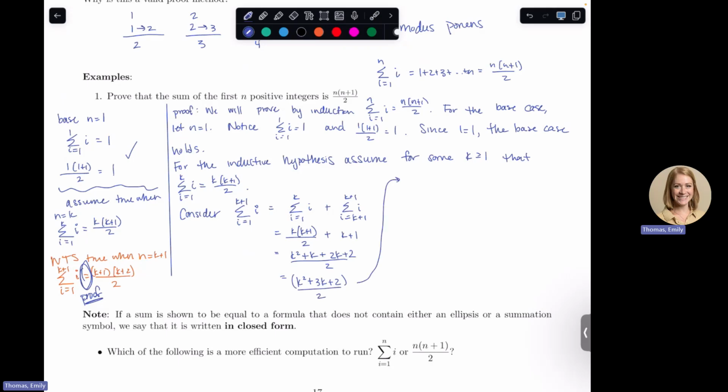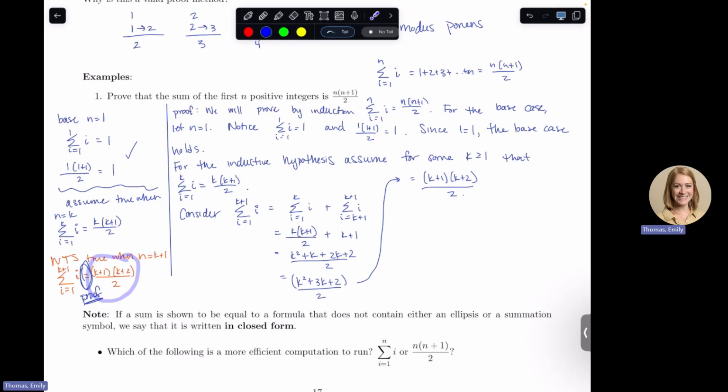I know that this is problematic and you shouldn't do this in your own proofs, but we don't have any space. So this is where we are. This is equivalent to k plus 1 times k plus 2 over 2, which is what we were trying to get to.